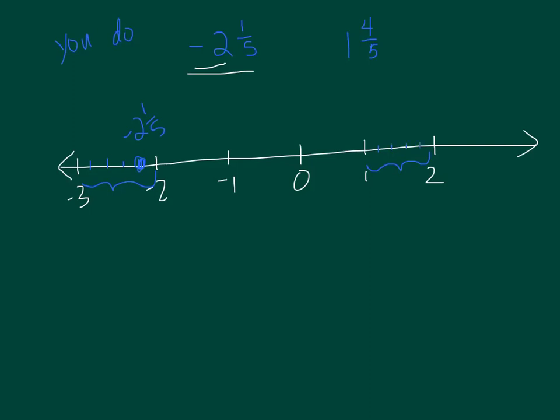That's 5 equal chunks. And of those 5 chunks, I crossed over 4 of them. Well, I'm in positive land, and I'm standing on 1, and I'm going positive direction. So I go 1, 2, 3, 4, and that is my answer right there.